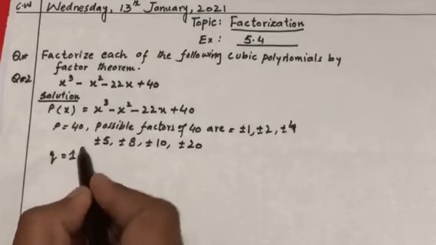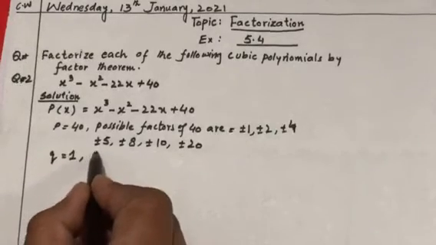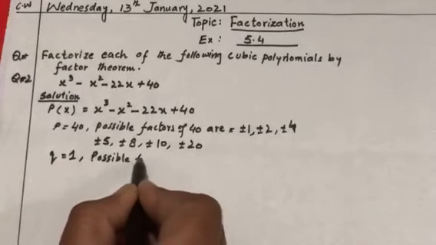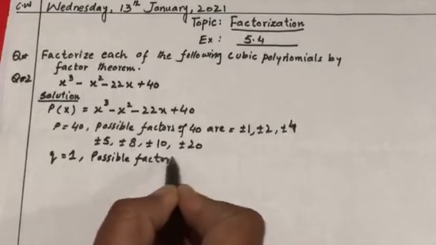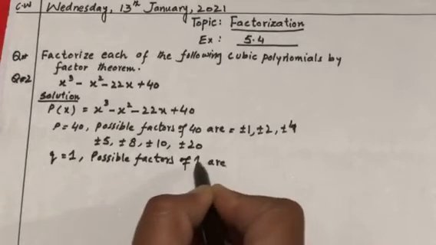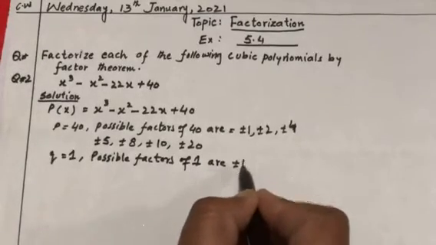So the possible factors of 1 are plus minus 1.